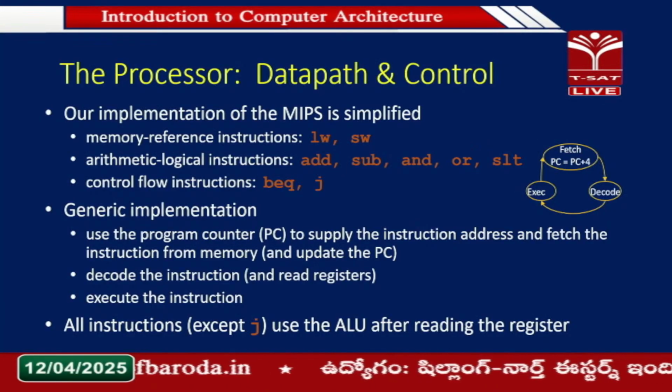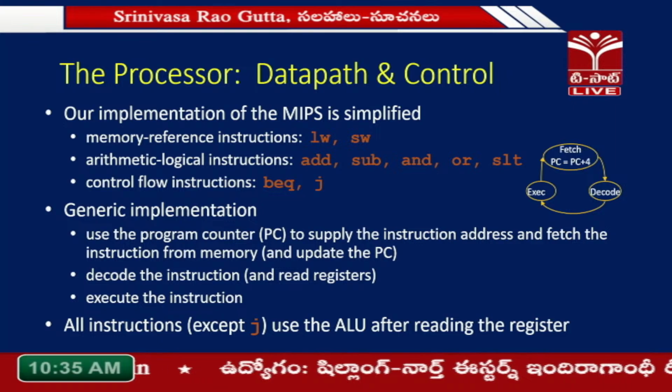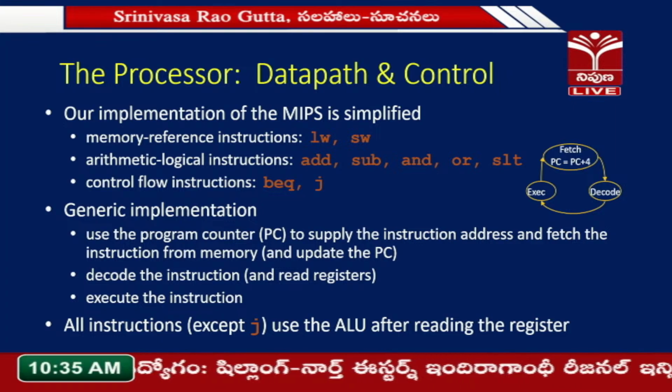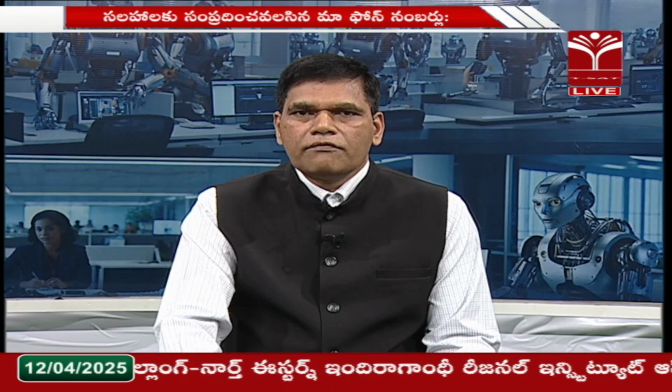In case of branch, you use the ALU to figure out if there is a flag that is set, if you do branch equal to, like in a for loop or in a while loop. So, all of that also uses the ALU.